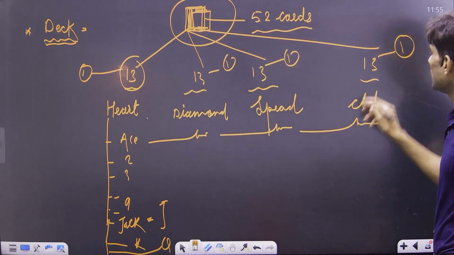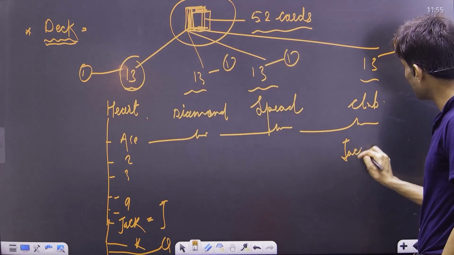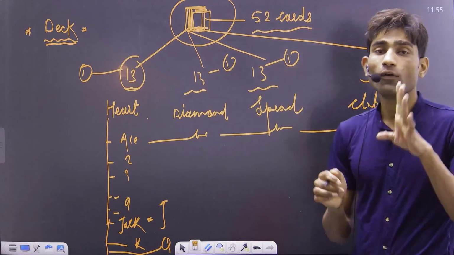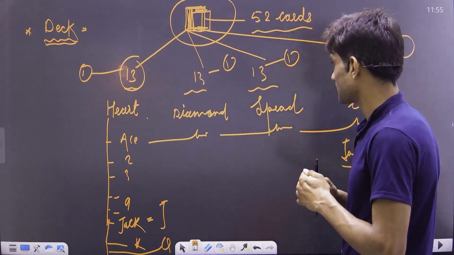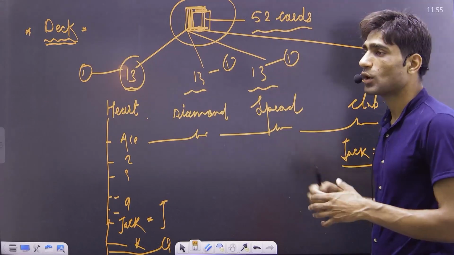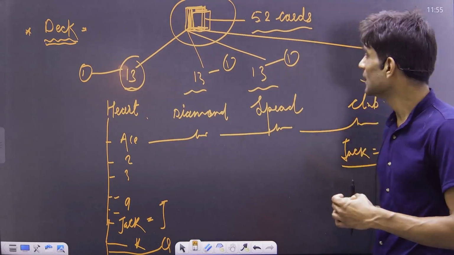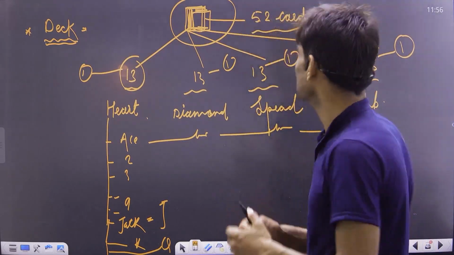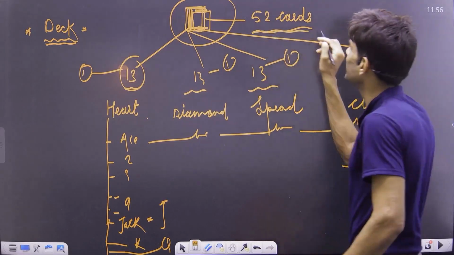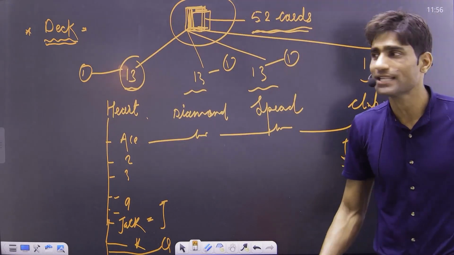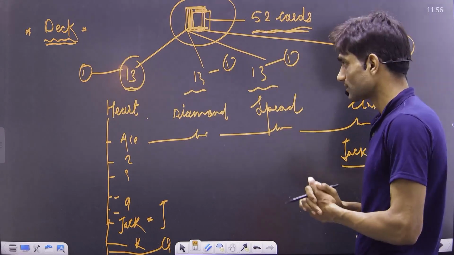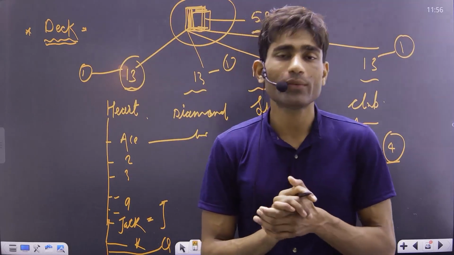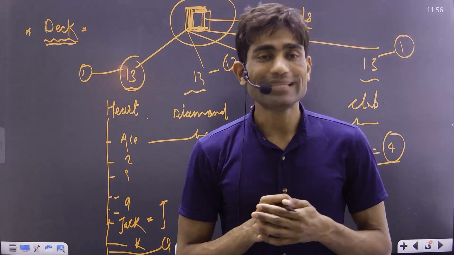The total number of jacks we have here is 4. So this is our favorable event or random event, out of 52 cards, which is our sample space. This is the actual definition for random event, favorable event, and sample space.